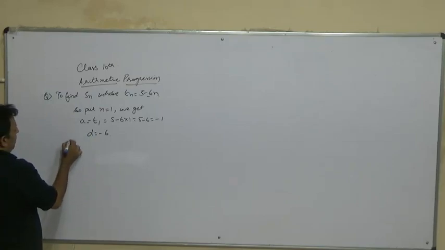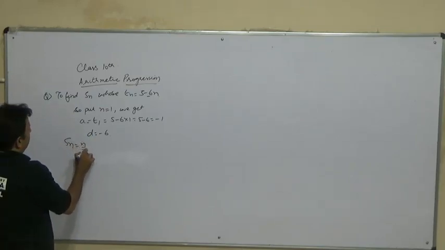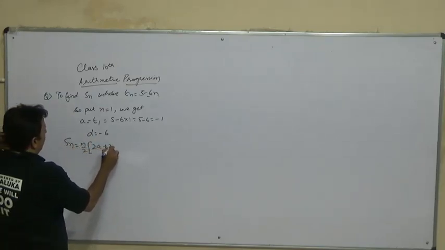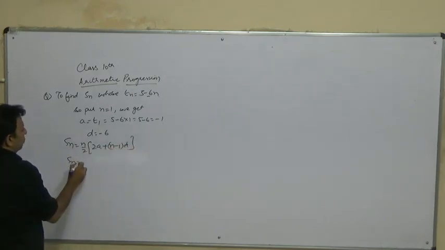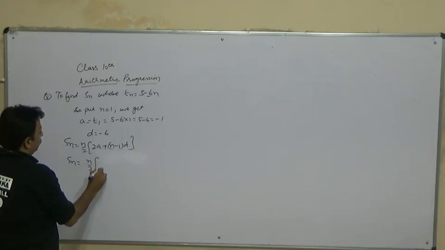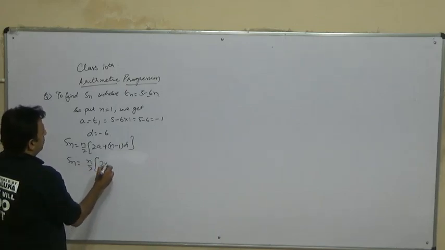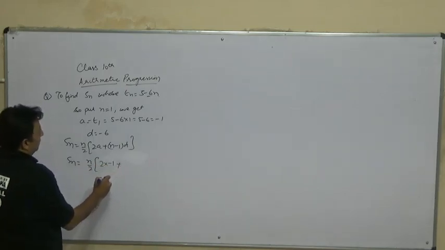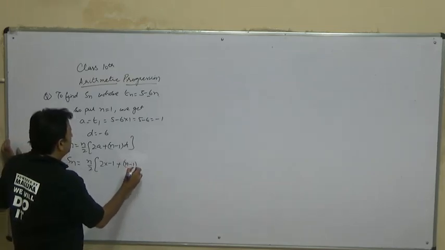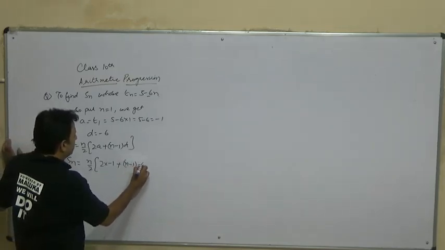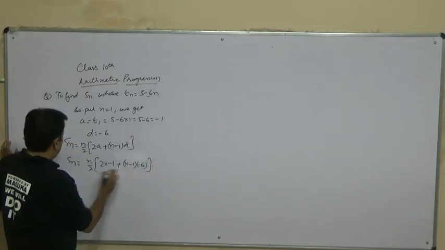Now we want to find Sn. Sn is n by 2 into 2a plus n minus 1 into d. So this will be Sn is equal to n by 2, 2 into minus 1 plus n minus 1 into d. d is minus 6. We solve it.